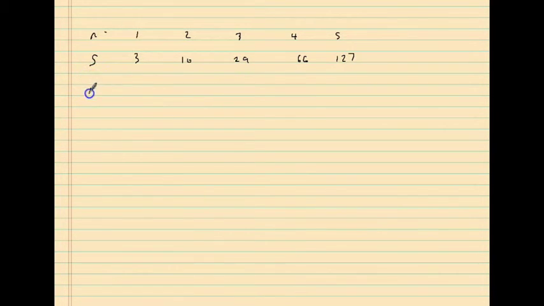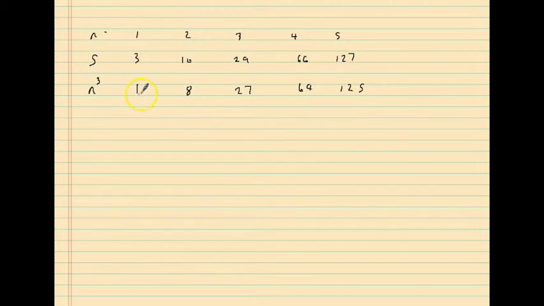And remember we said we've got an n cubed term here. So we work out n cubed, which is 1. 2 cubed gives us 8. 3 cubed, 27. 4 cubed gives us 64. And 5 cubed gives us 125.